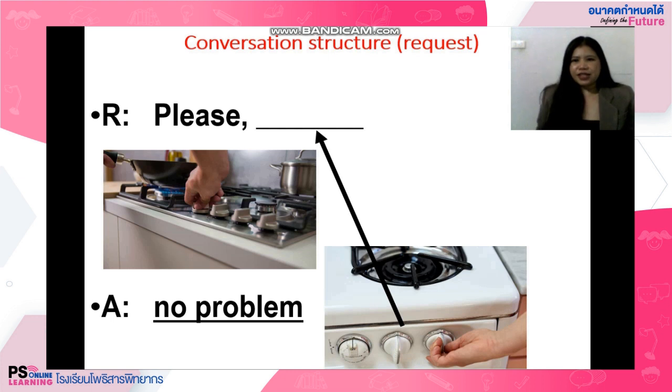What do you think is the request? The request is please turn off the, what is that? Stove, correct. So please turn off the stove. Again, please turn off the stove. And the answer I gave already, no problem.